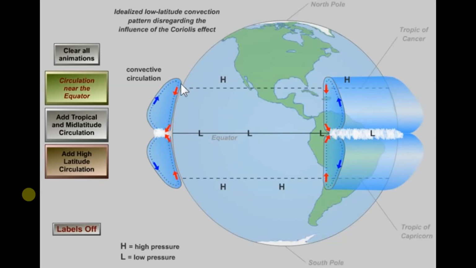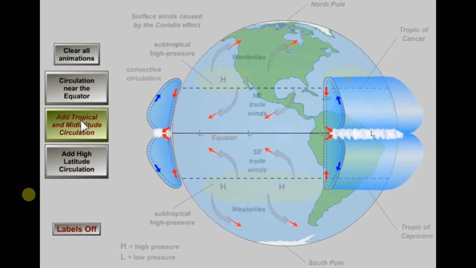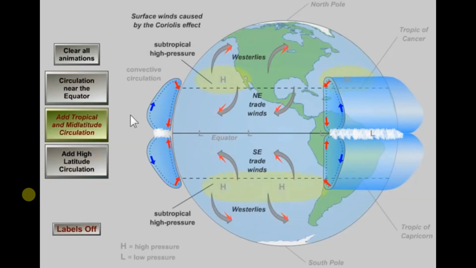Now, as this air circulates and tries to flow back toward the equator along the surface of the Earth, or as some of it heads toward the North Pole or toward the South Pole, the Coriolis effect, the spin of the Earth, causes it to bend and turn, and it's going to create the two big wind belts that prevail on our Earth, 2 out of 3, the trade winds, northeast trade winds and southeast trade winds, and then the prevailing westerlies. Now these winds curve, and the way they do because of the Coriolis effect.